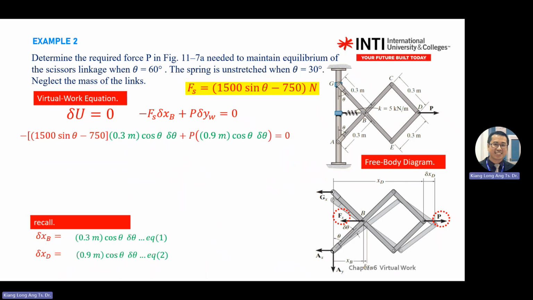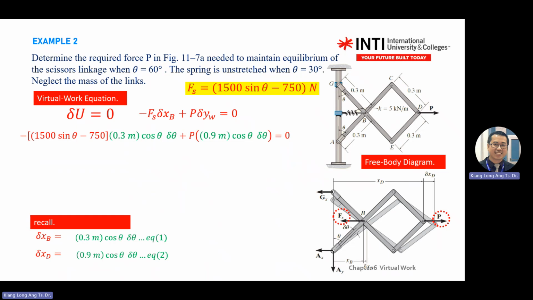Sorry, not delta W. What should I write here? Typo error here. What should I write beside P? P what? X what?